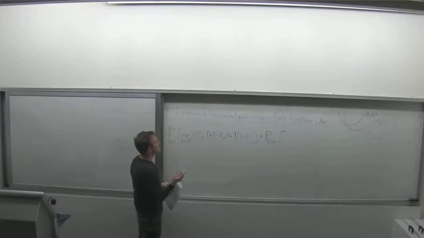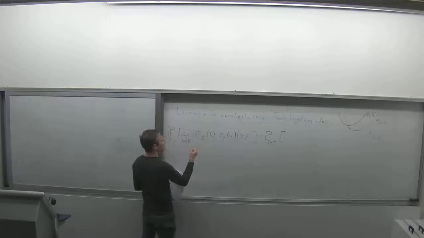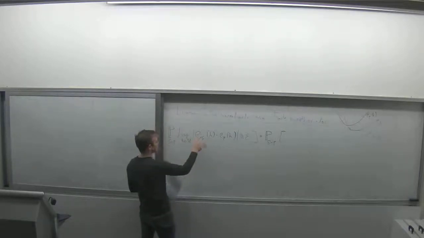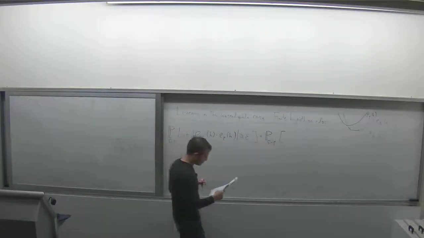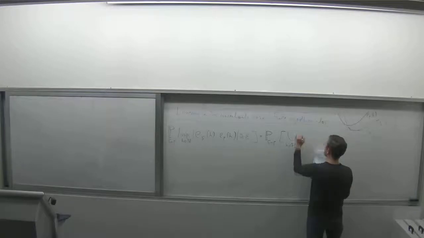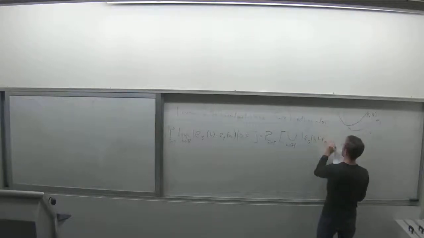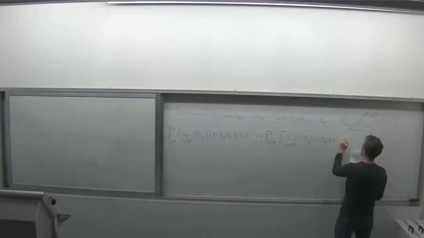Or the other way is that it is the union of events such that E_S(h) minus E_P(h) is greater than epsilon. So let's rewrite it this way: the union over h of the event E_S(h) minus E_P(h) is greater than epsilon.